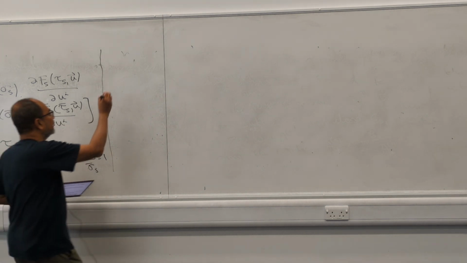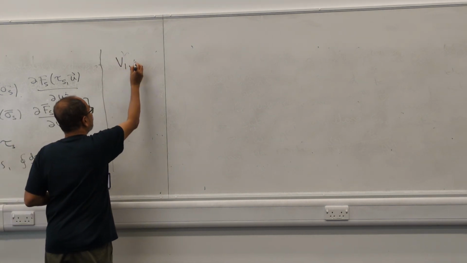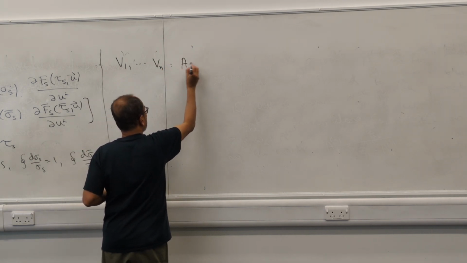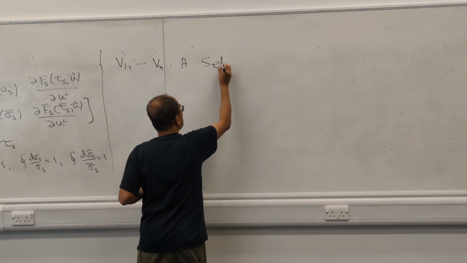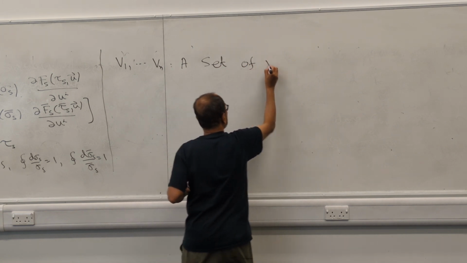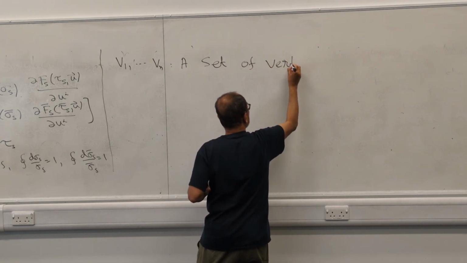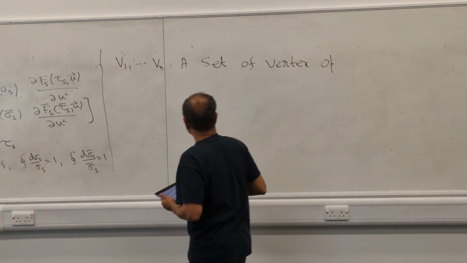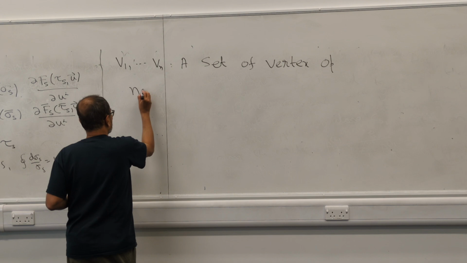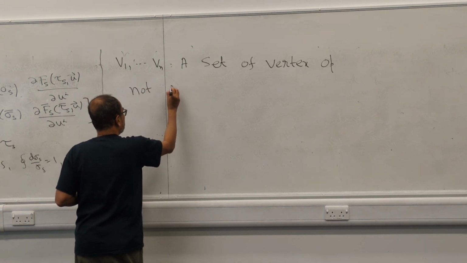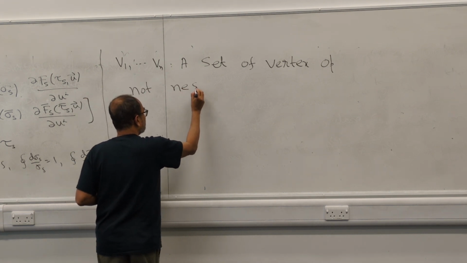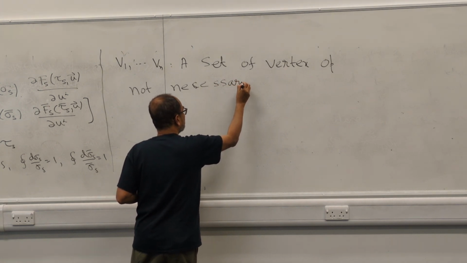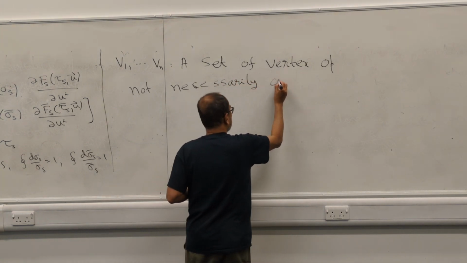Now we take V1 to Vn, a set of vertex operators, not necessarily QB invariant.